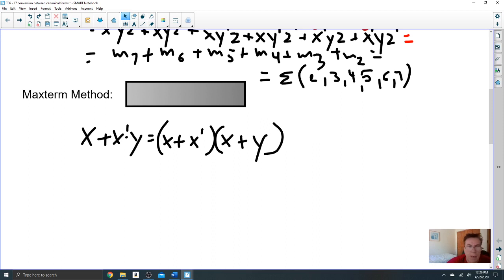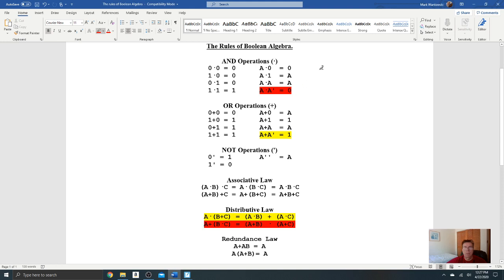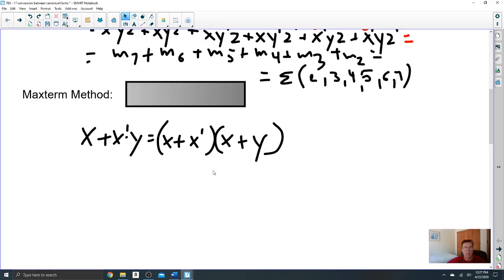Here we go. All right, now we have x prime plus x. X prime plus x is equal to 1. How do I know it? Because I can read right here, a plus a prime is equal to 1. That means variable plus its prime is equal to 1. So this one is equal to 1. So we cross it out, we put 1 here, and we're left with x plus y.